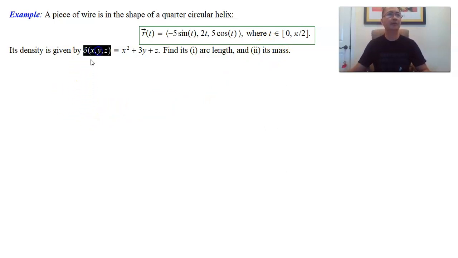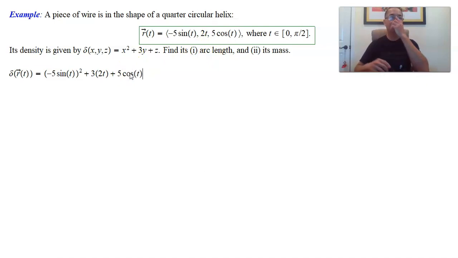Okay, so to prepare ourselves, let us plug our parametrization into the function. So we're going to compute the density evaluated at r of t. What does that mean? This is our density. We're going to plug x in our parametrization into x squared, y into 3y, z into z.